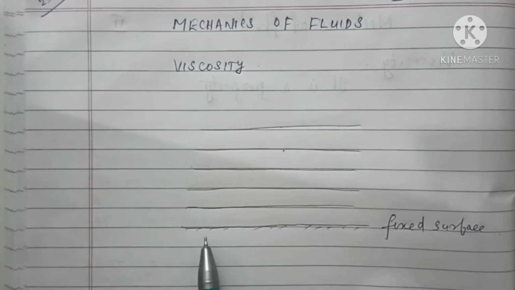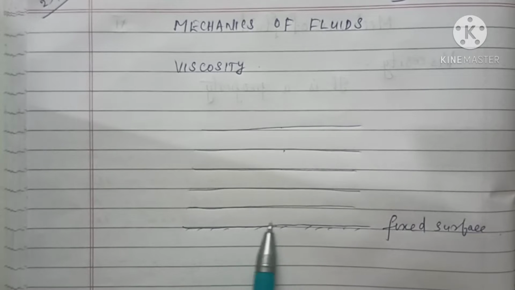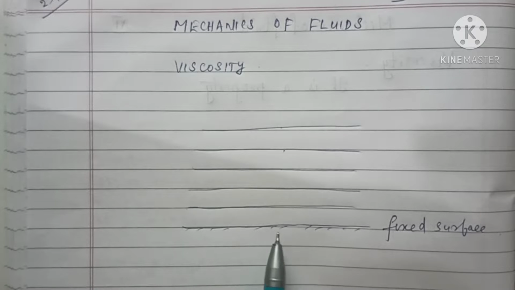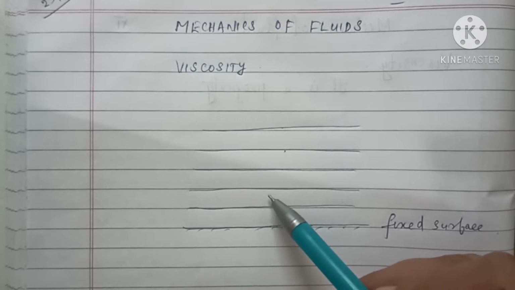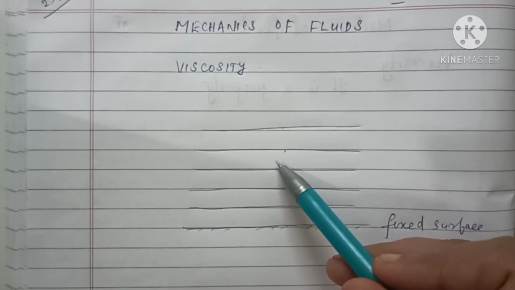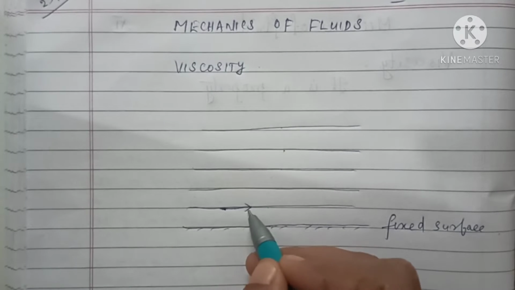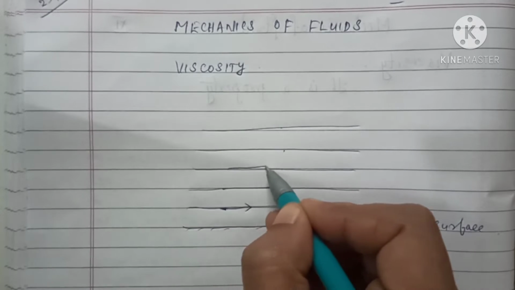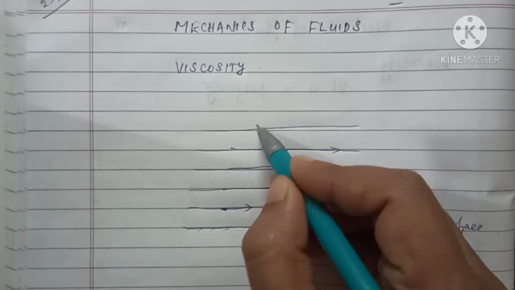Now here you can see this is a fixed surface. So the layer which is in contact with the fixed surface will be at rest. Understand? Now as we go up, what will happen? As we go up, the velocity of each layer increases uniformly. Here it is moving faster, here again moving faster, like that.